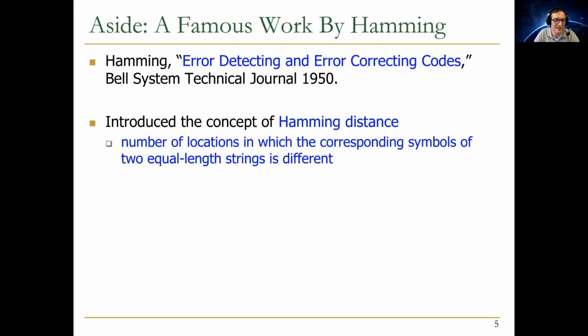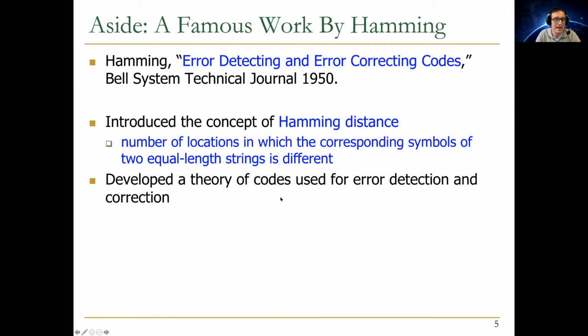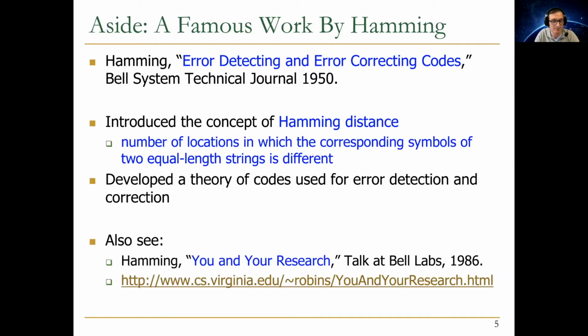Hamming distance is very useful for many things, and we may actually talk about it later on. But in this work, Hamming developed a theory of codes that are used for error detection and correction, and these are still in use today in error correcting code circuitry in memories, for example, and other parts of the system.